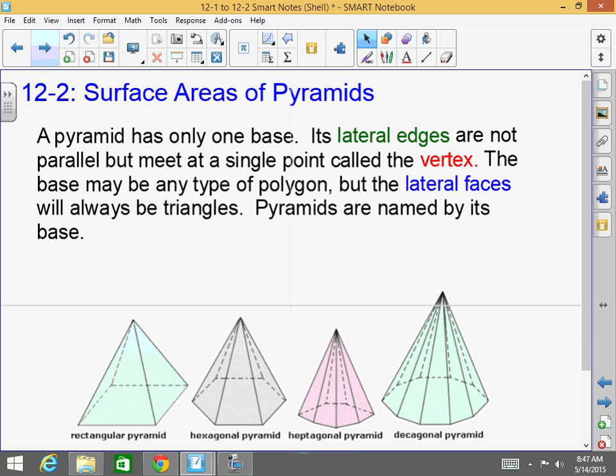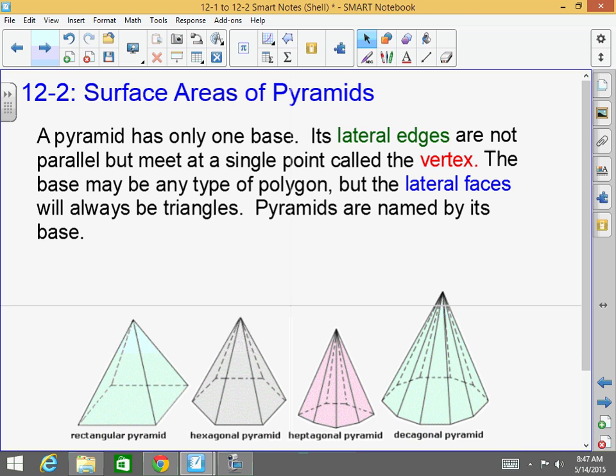And a pyramid has lateral edges, but they are not parallel. But they do meet at a single point called the vertex. The base may be any type of polygon, but the lateral faces this time will always be triangles. So the lateral faces of a prism are always rectangles. The lateral faces of a pyramid will always be triangles.